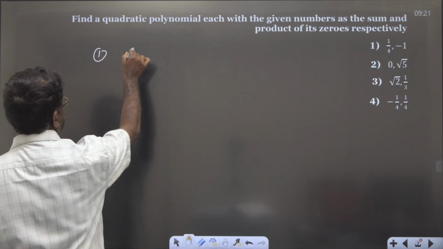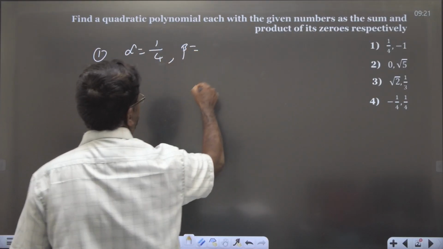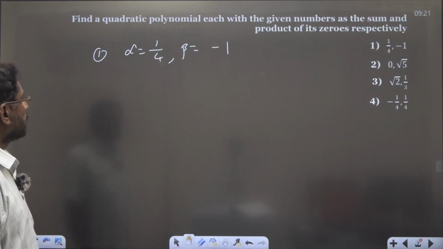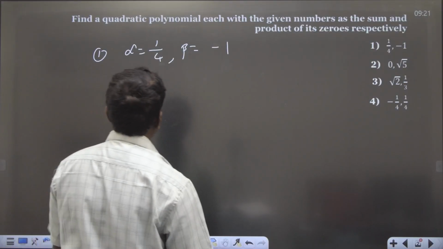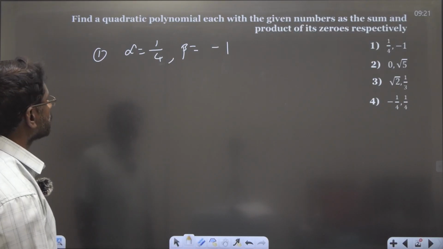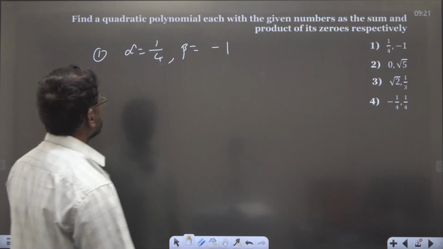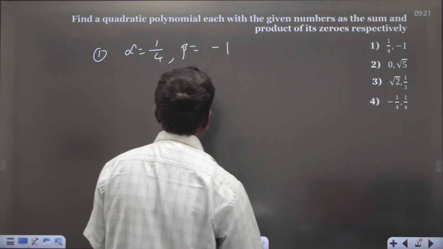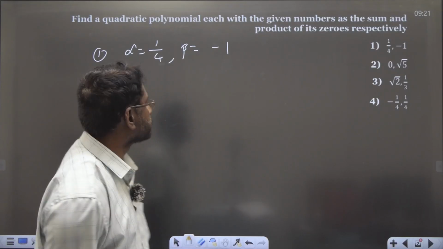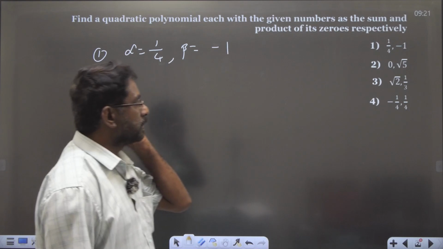So here, take the first question. Alpha is 1 by 4 and beta is minus 1. We have to find the quadratic polynomial.